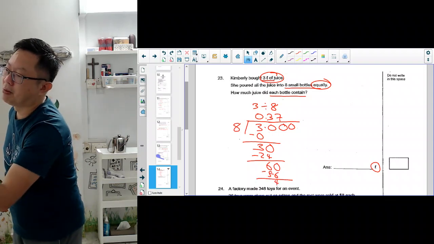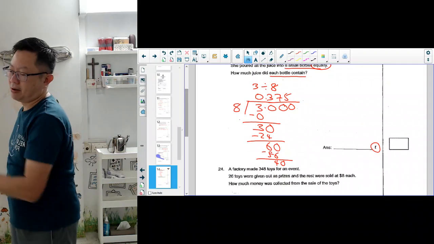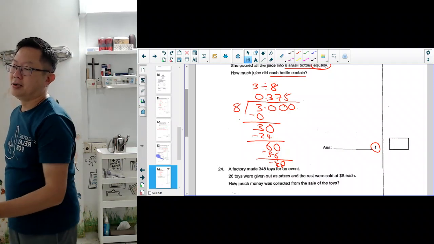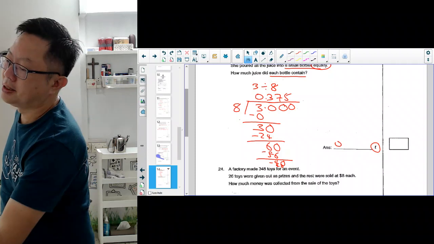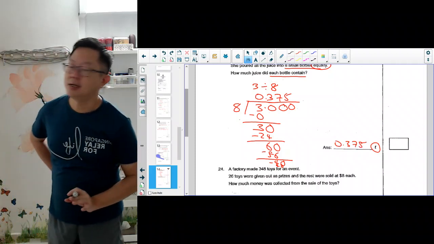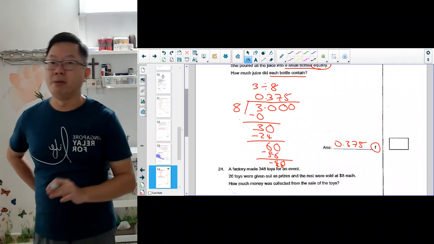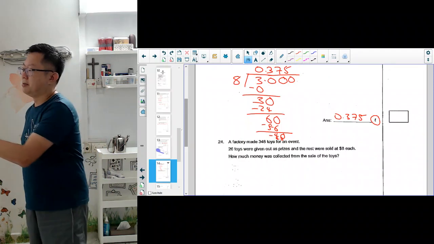You add one more 0 and pull down, and then you have 5 times 8, you get 40. Alright, I got no space already, right? So you minus, you will get remainder 0. So how much juice is there in each bottle? 0.375. Okay, so the lesson here is you are tested on how to divide to get decimals. And this is actually a primary 4 topic, right? Primary 4 topic on how to divide to get decimals.